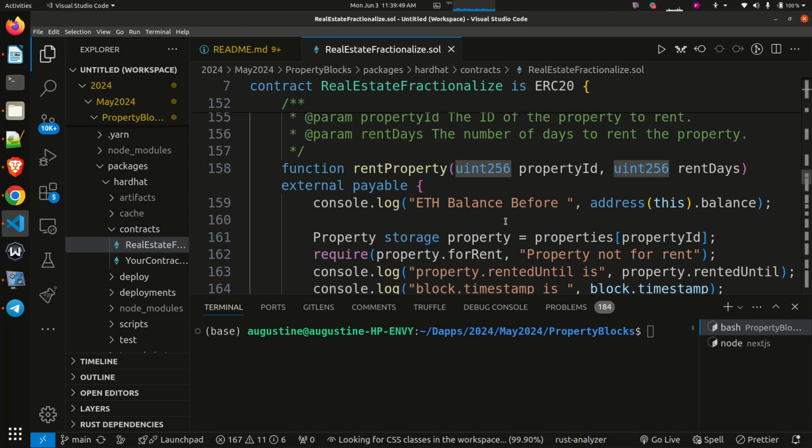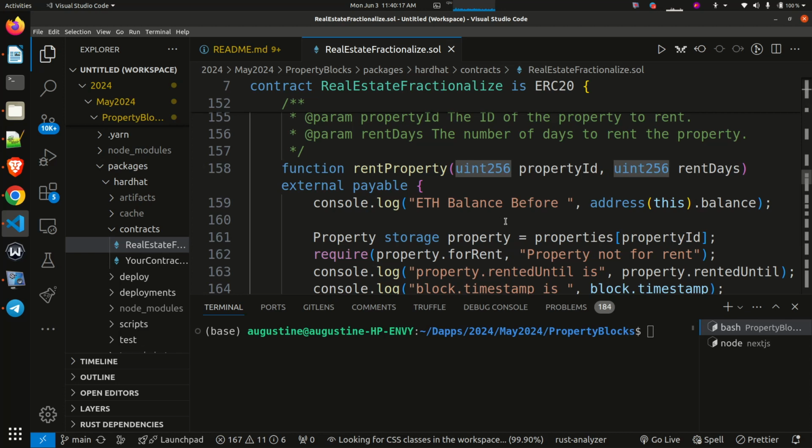Now, the way I designed the smart contract, when a property is rented, the rent fee is divided as proceeds to all fraction owners or share owners of that property. If the property is by 1,000 fractions and currently 1,000 people own the property, it is divided per fraction.